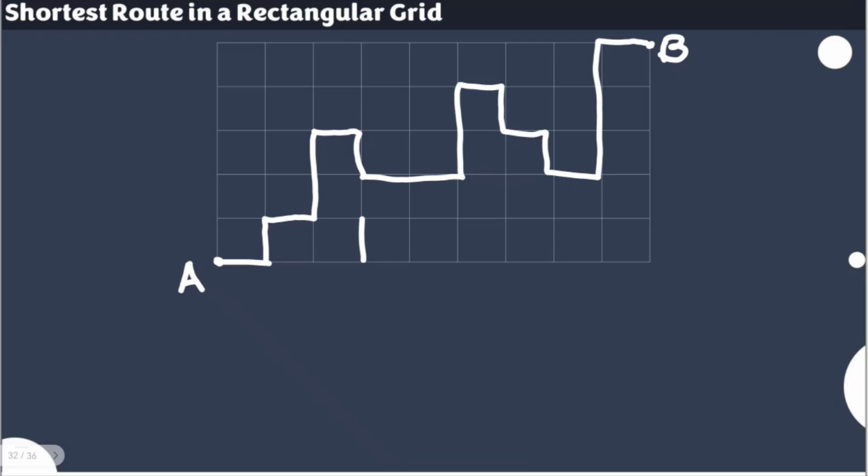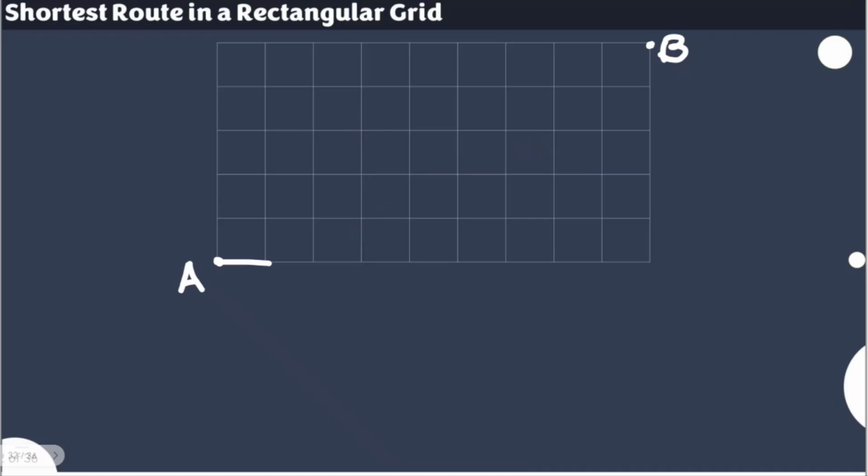That is because you can see here that you are actually doing some reverse movements going towards B. So this is one of the real life examples where we're going to use the concepts of combination. Now, we talk about the shortest route. One of the examples for the shortest route is simply taking direct movements horizontally and vertically.